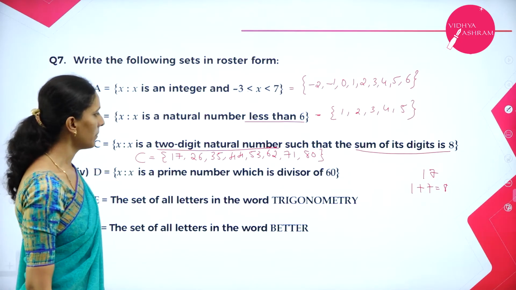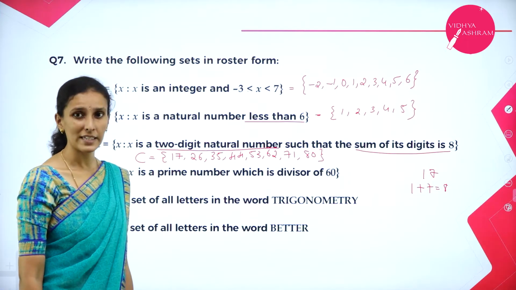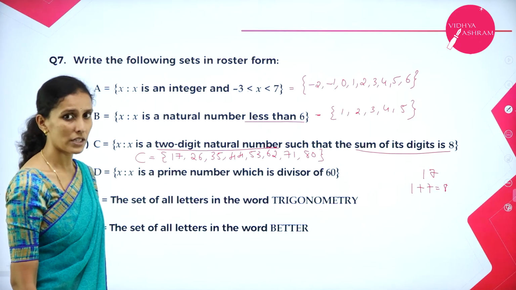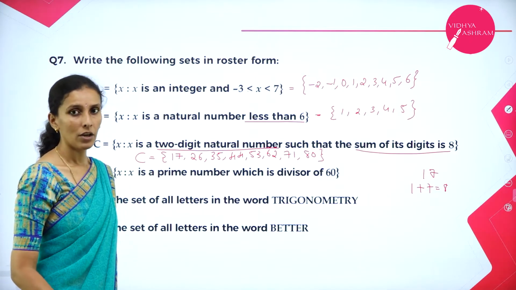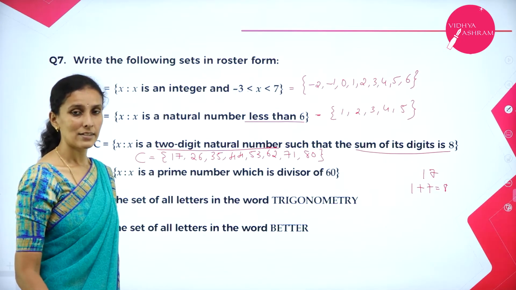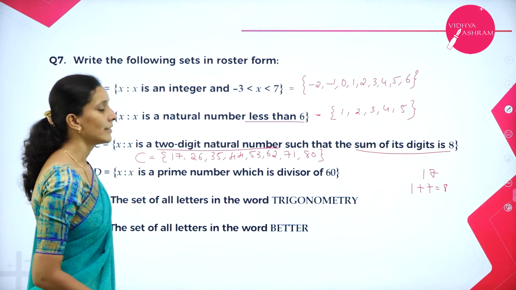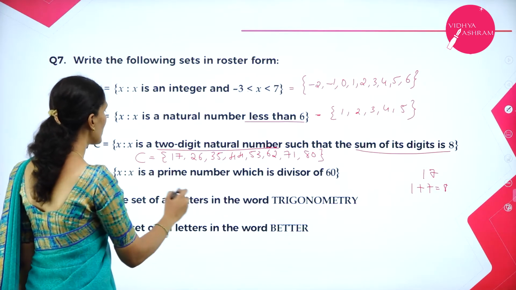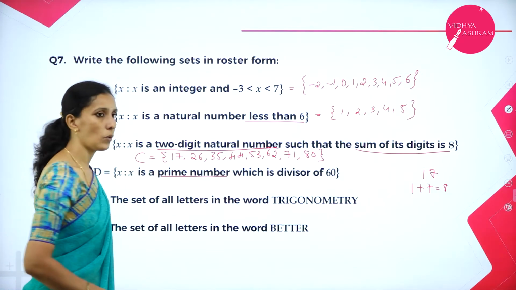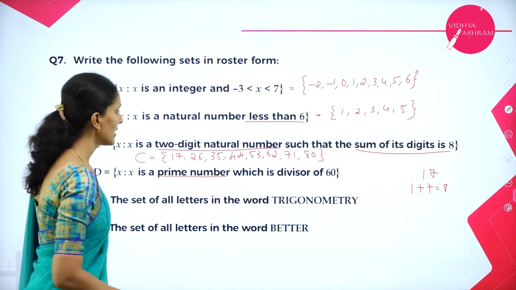X is a prime number which is a divisor of 60. So what are the divisors of 60? Divisors of 60 are 2, 3, 4, 5, 6, 12, 10, 30, 15, 60, etc. But what is the condition here? You are going to write only the prime divisors of 60.